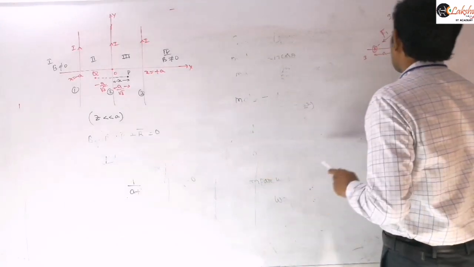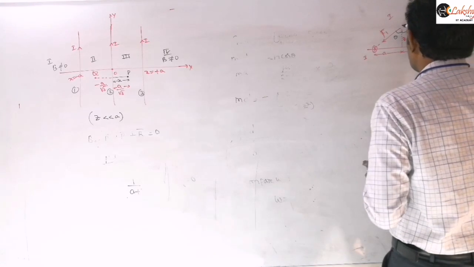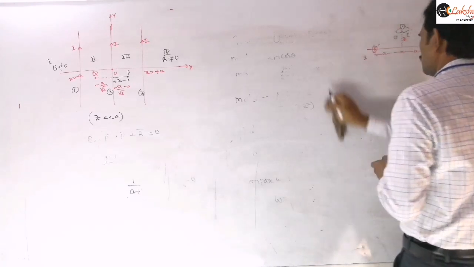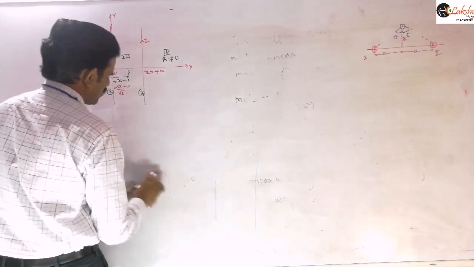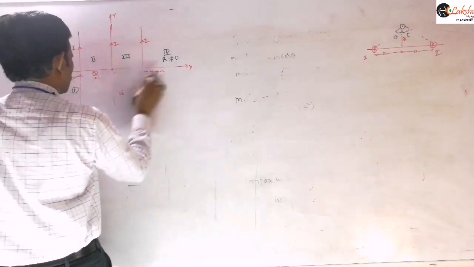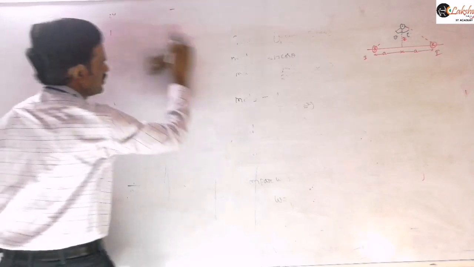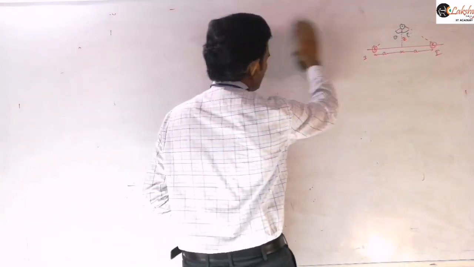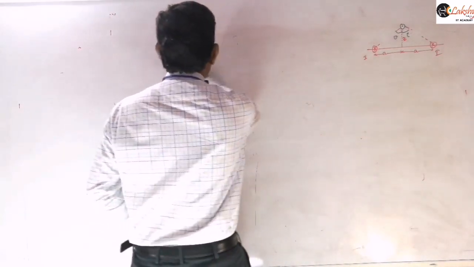Now this wire carries current in the opposite direction, and it remains in air, balanced there. Then you need to find the mass of the wire, or the current in that wire, or the linear density. Just take the same force equation and components and balance there. So let me mention that problem.